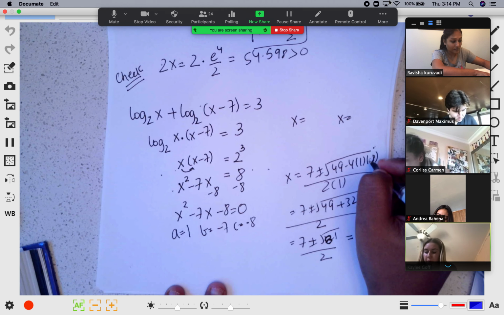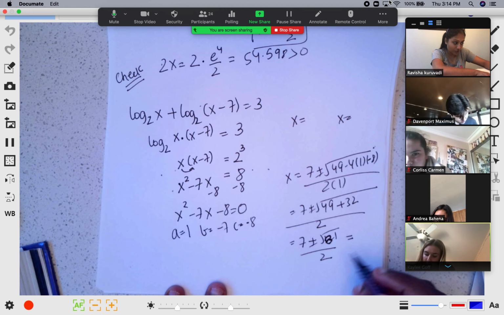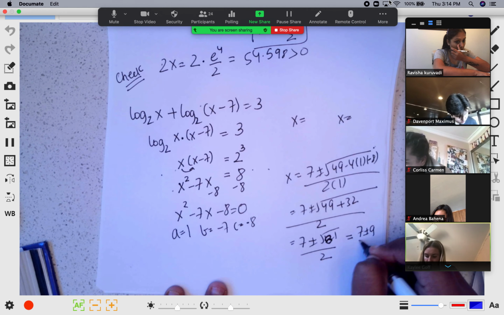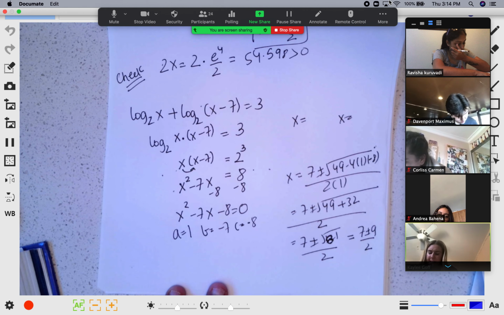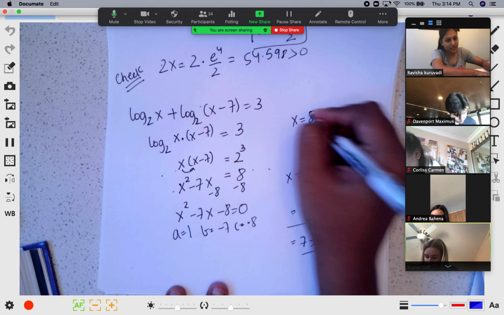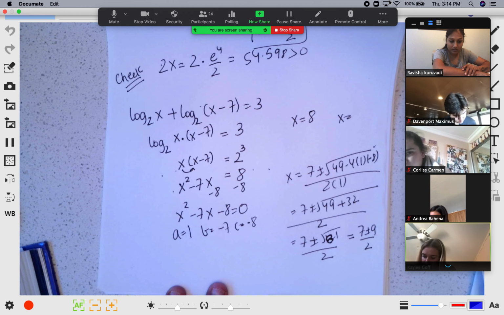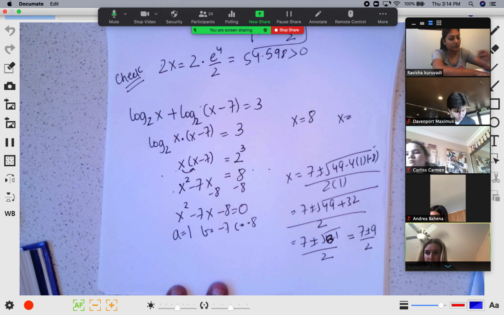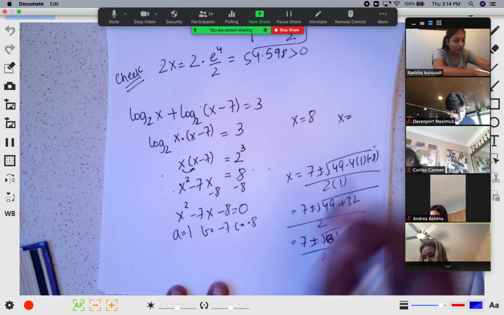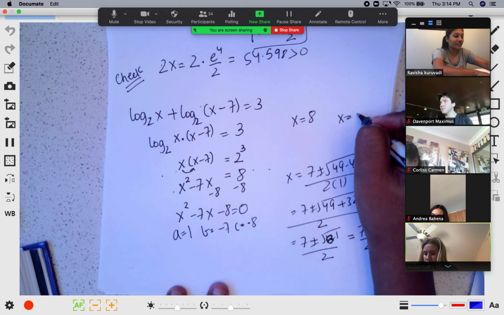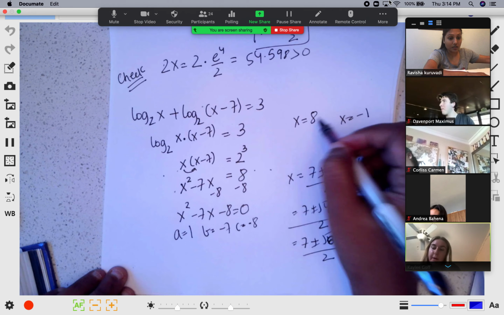So then it's 7 plus or minus 9 over 2. 7 plus 9 is? 16. 16 divided by 2 is? 8. 7 minus 9 is? -2. Negative 2 divided by 2 is? Negative 1. So you got x as 8 and -1.